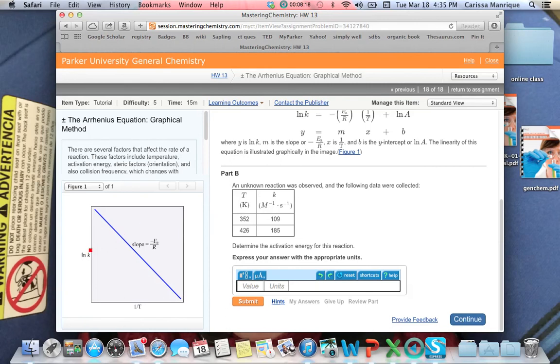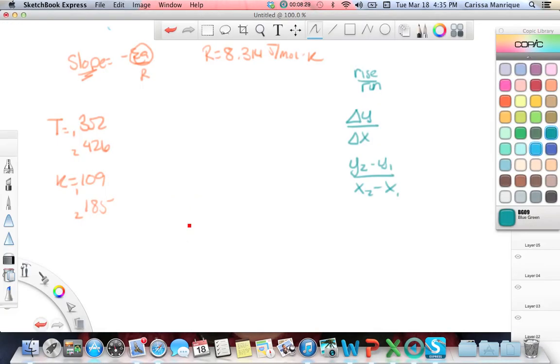Okay, so do you see that our y is natural log of k and our x is 1 over t? This is just given to you on the graph right here. So when I graph my line, my y is natural log of k, and my x is 1 divided by t. So now I can plug that in.